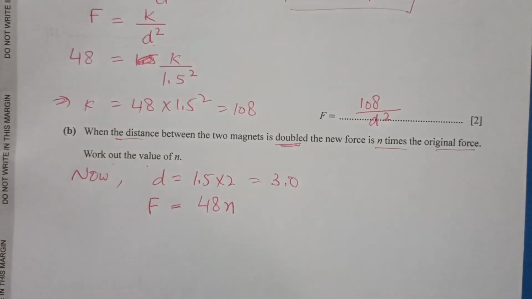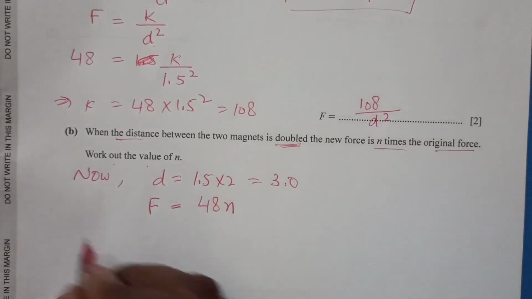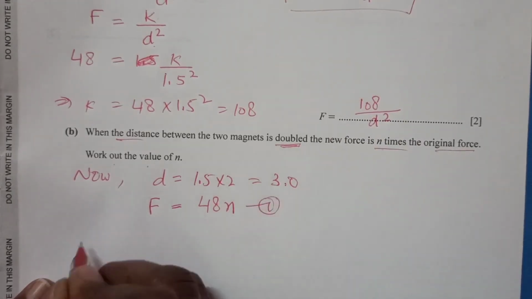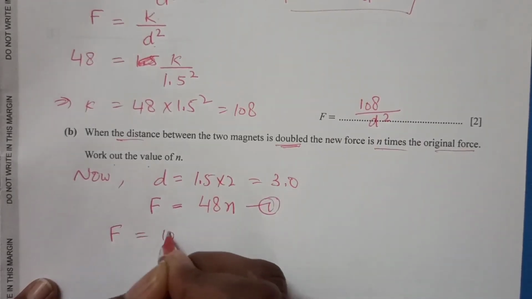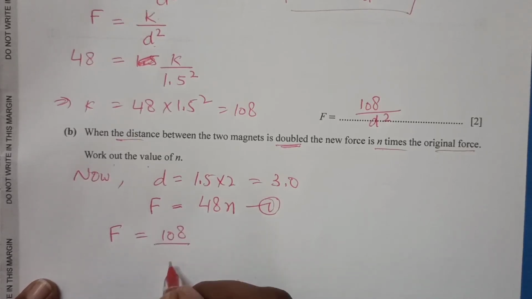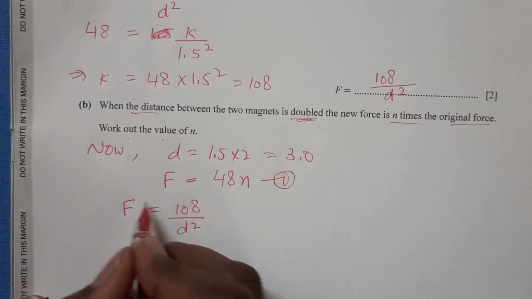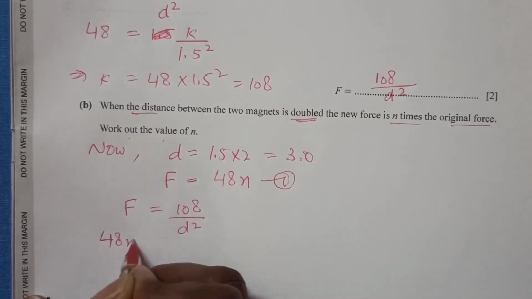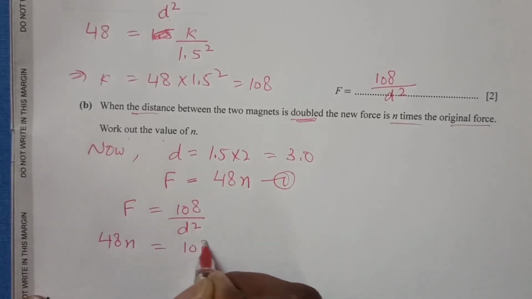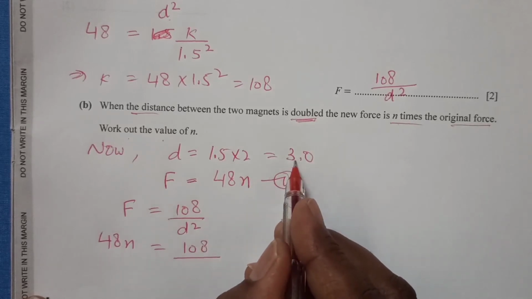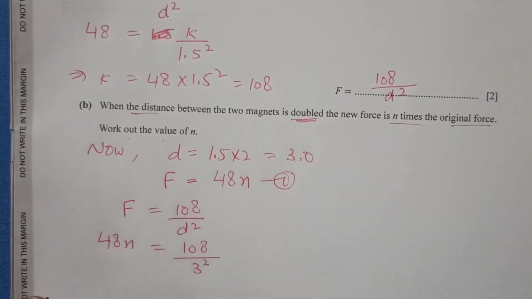Now from the previous formula, we have F equals 108 over d squared, right? Now F is 48n, and d is doubled, which is 3, so d is 3 squared.